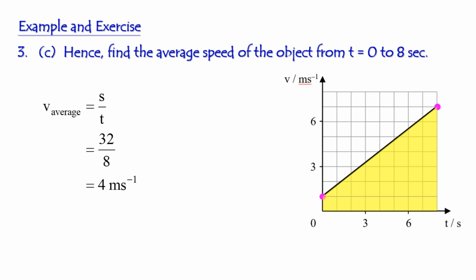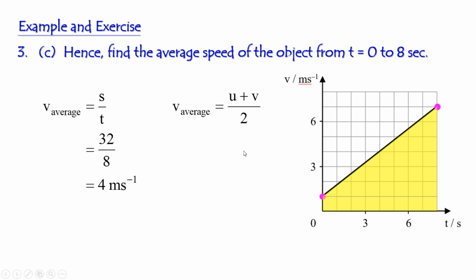Is it okay? But do you still remember I introduced another method to you to find out the average speed in one of the videos? The average speed can be found out in this way. Use the initial speed plus the final speed and then divided by 2. It is the average.